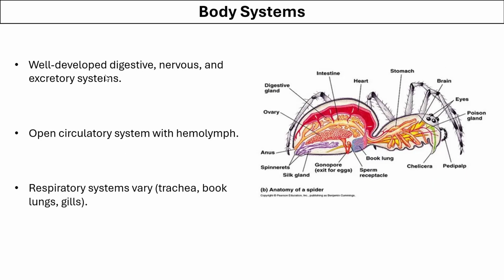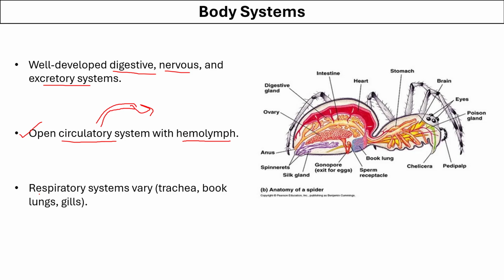Arthropods have organ system level of organization just like annelids, and they have well developed digestive system, nervous system, and excretory system. They have an open circulatory system. That means the material that is flowing through their vessels can end up in the tissue spaces, and that fluid that's flowing through their circulatory system is called the hemolymph.